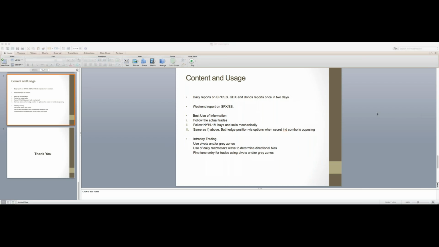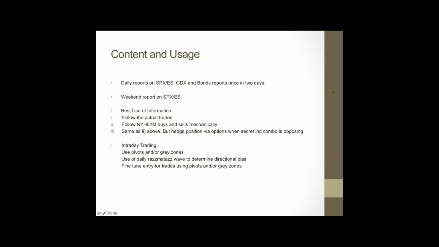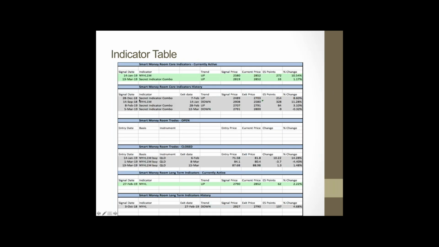I mean, the whole human factor is removed from the equation. You just follow what the 1M is doing. So it is on a buy since Jan 14th from 25.80, still on a buy. And from the sell, we actually got about 11.3% return from its sell back in September.